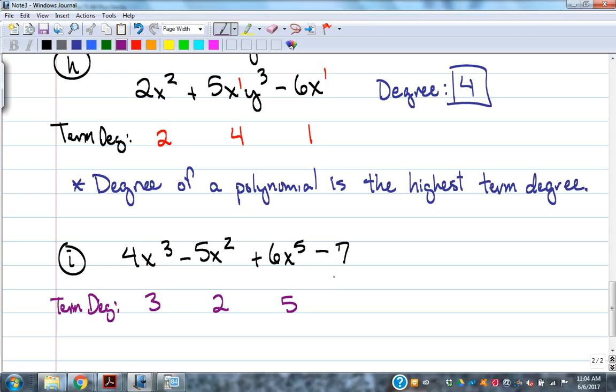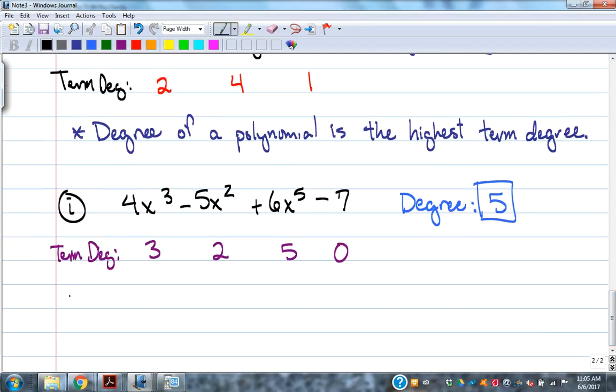It doesn't have any variables, so it's going to be 0. The degree of a constant is 0, because there's no variable on it. The degree of the whole thing is what? Got all the term degrees there, so the degree of the polynomial would be the biggest one, 5. Just pick the biggest one.